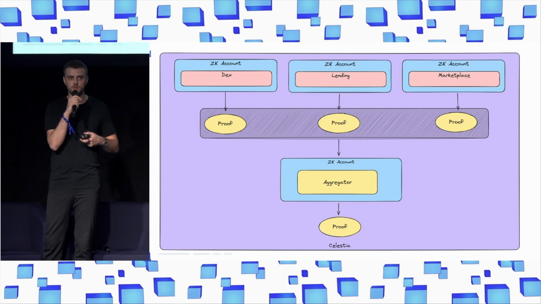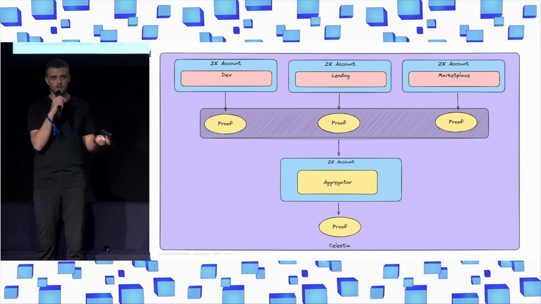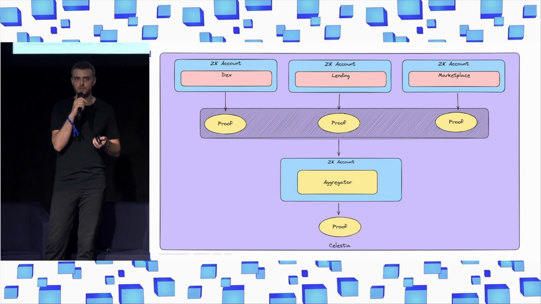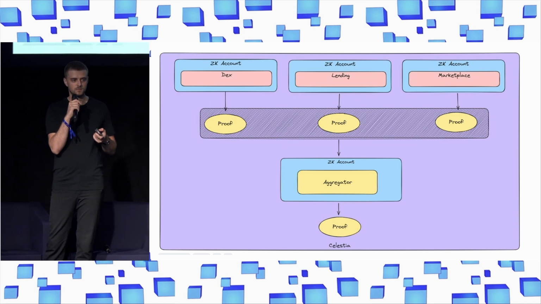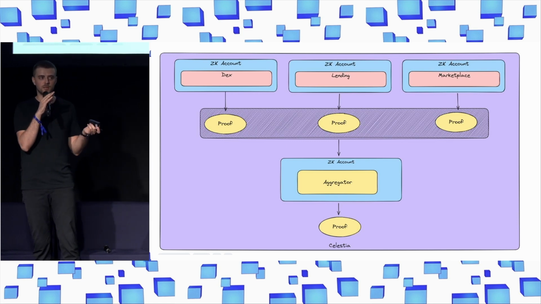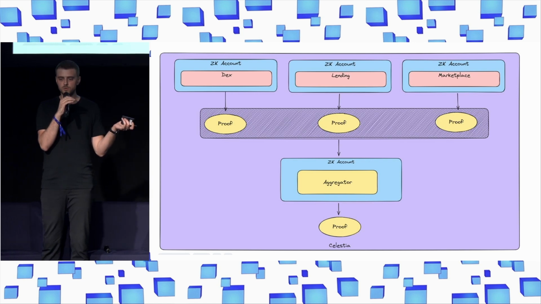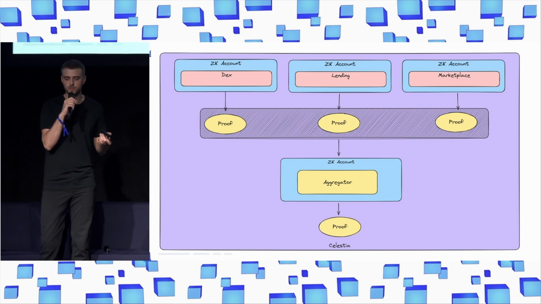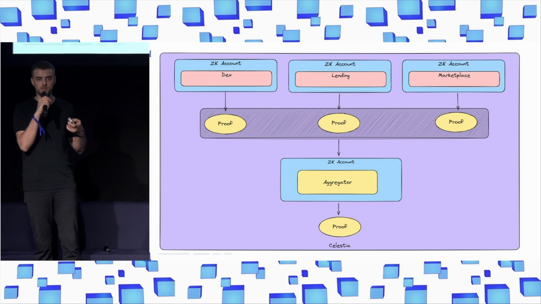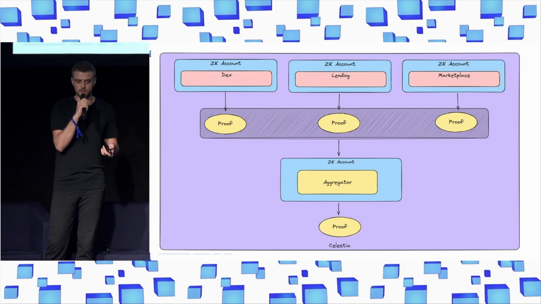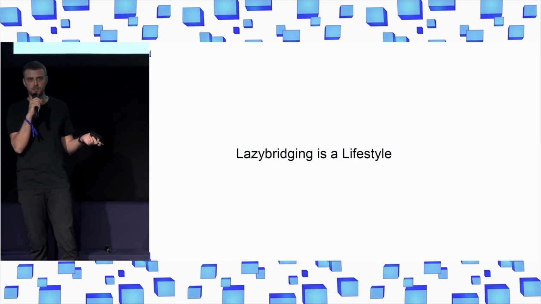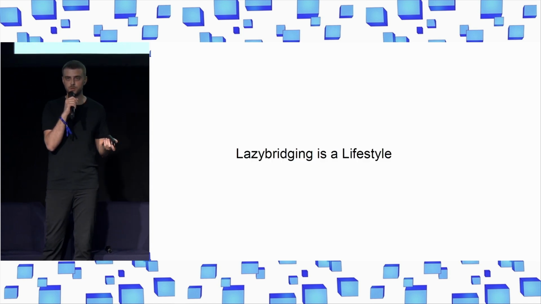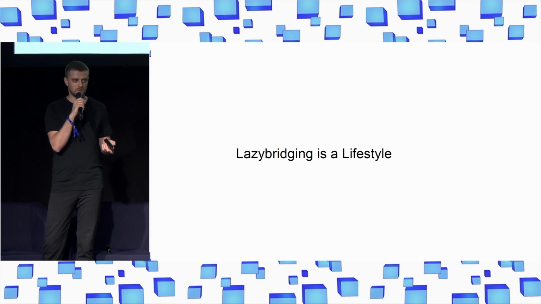This could be intent matching, solving, any type of aggregation that really lets the developer be lazy and not have to think about how they should communicate with other rollups, because they just plug in and communicate. So as Mustafa said yesterday, lazy bridging is a lifestyle.